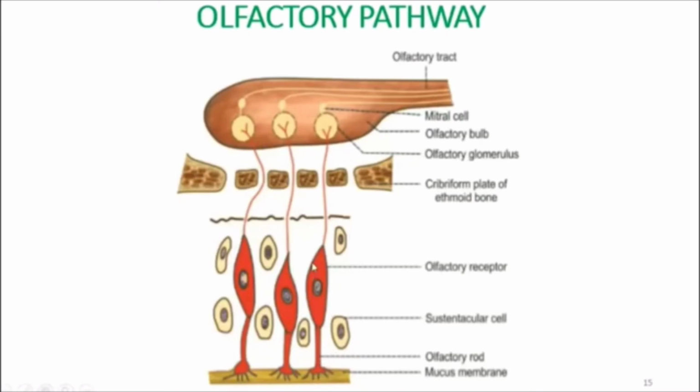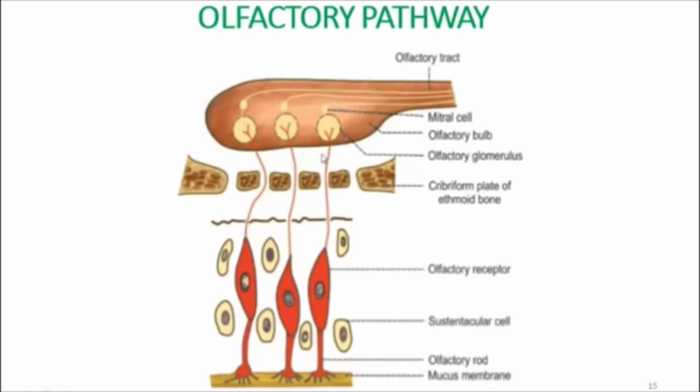The axons of the bipolar olfactory receptors pierce the cribriform plate. This is the cribriform plate, which is part of the ethmoid bone. So the axons pierce the cribriform plate of the ethmoid bone and reach the olfactory bulb. This is the olfactory bulb.